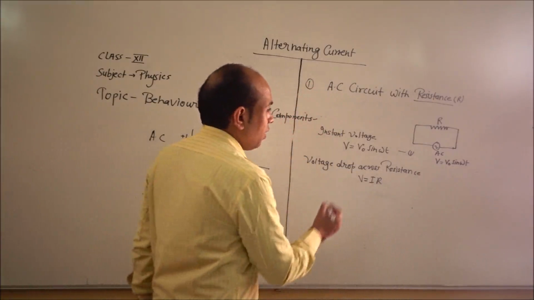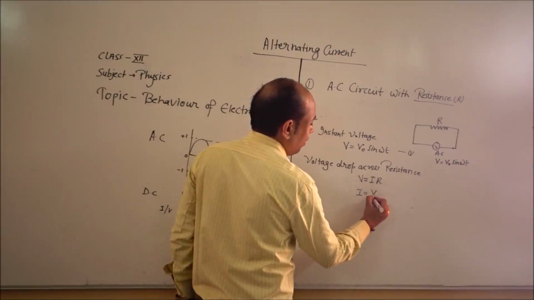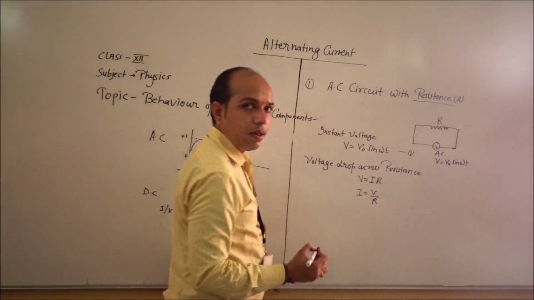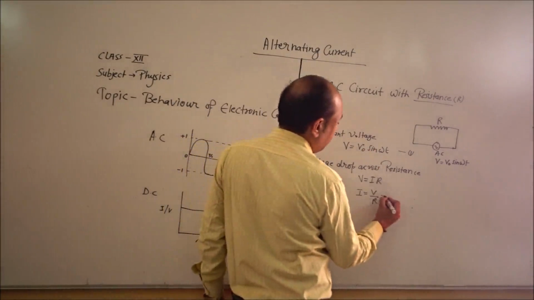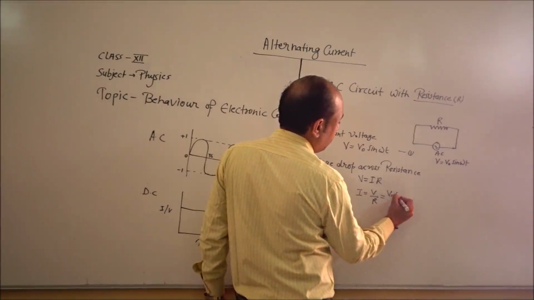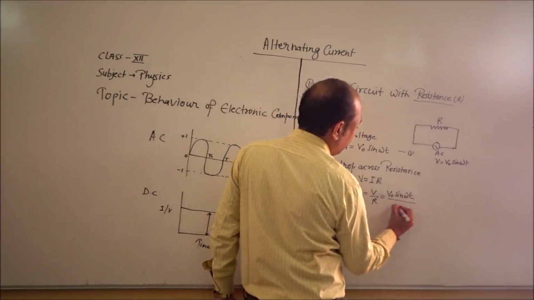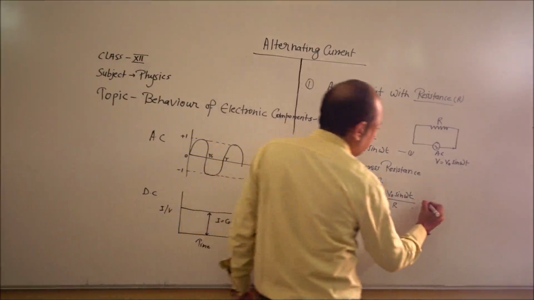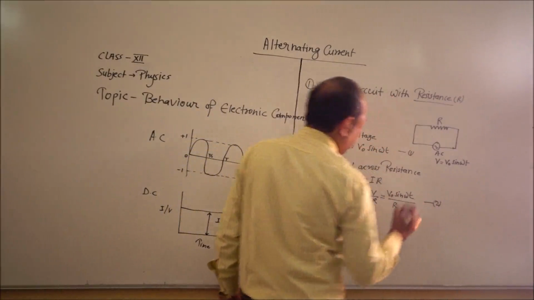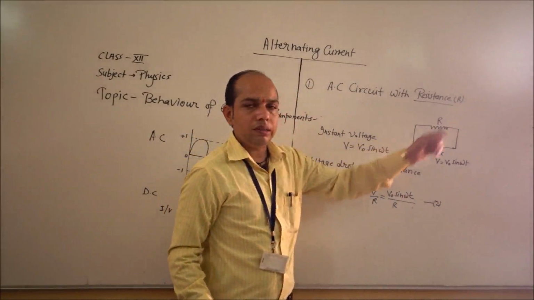If you find the current in the resistance, I is equal to V divided by R. Now this voltage V is replaced by V naught sin omega t, divided by capital R. This is equation number 2. So this is the current flowing through the resistance.